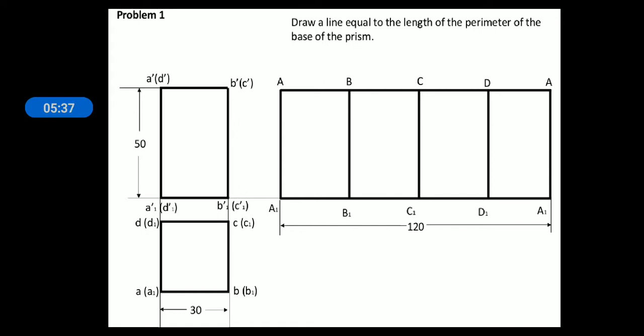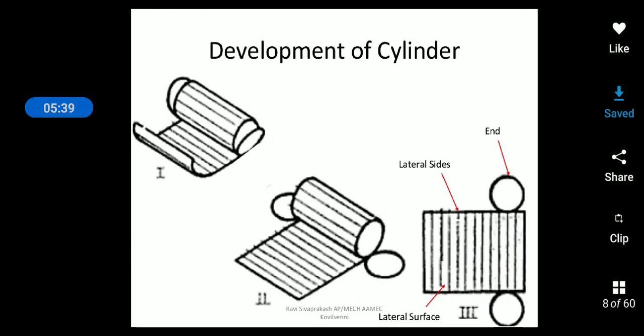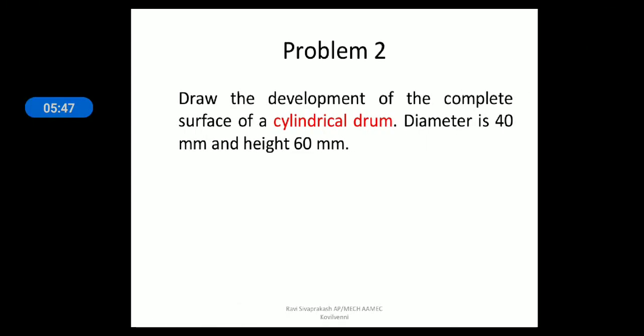Now let us look at the second problem, development of cylinder. If you unwrap the cylinder, it will be shown as in the figure. Let us look at problem 2. Draw the development of complete surface of a cylindrical drum. Diameter is 40 mm and height 60 mm.